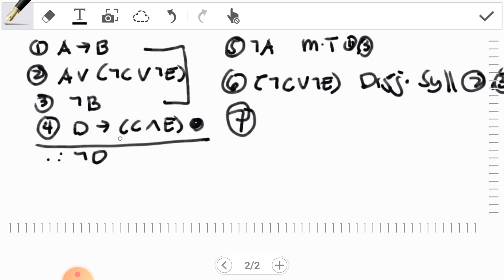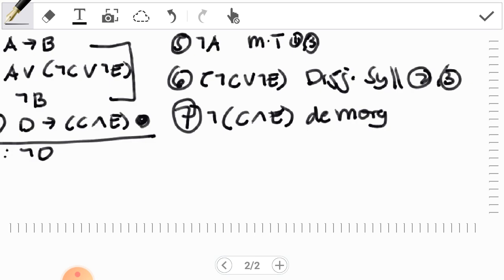Remember, earlier we said we want to come up with a not C and E. Look at this. Both are having our negation. So, using De Morgan's rule, this becomes not C and E. De Morgan's rule of line number 6.